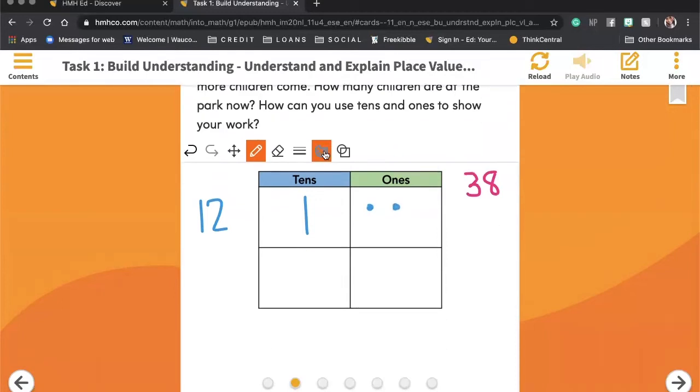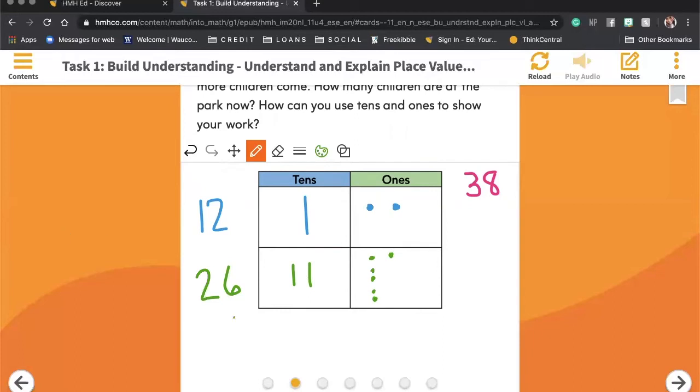My second number was 26. 2 groups of 10 and 6 ones. 1, 2, 3, 4, 5, and 6.